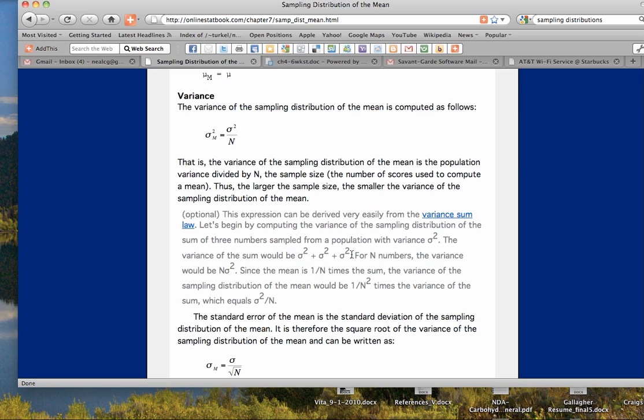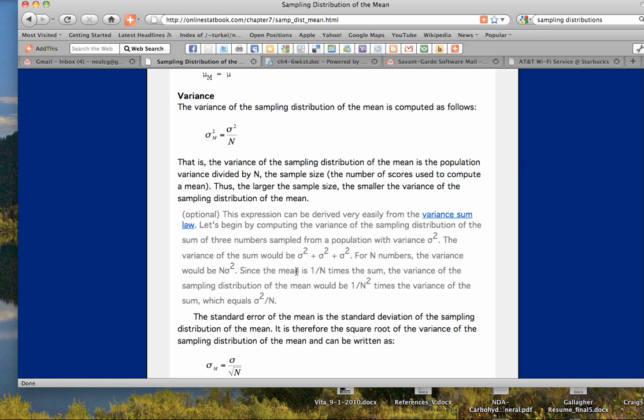As we show right here, it's equal to sigma squared plus sigma squared plus sigma squared, or 3 sigma squared, or n sigma squared for n numbers. So the variance of the sum of the samples would be n times sigma squared.